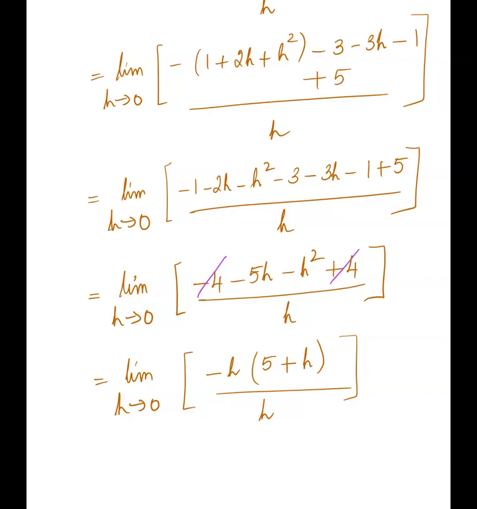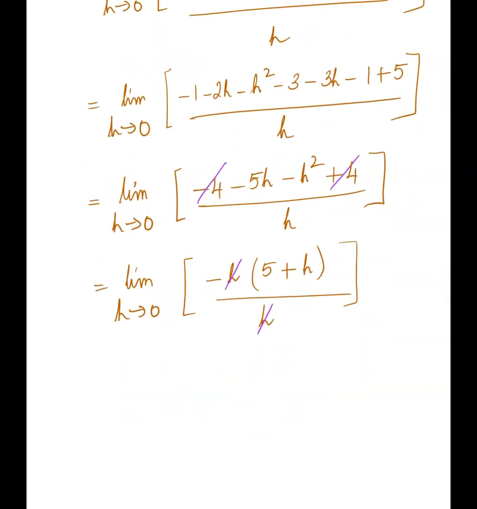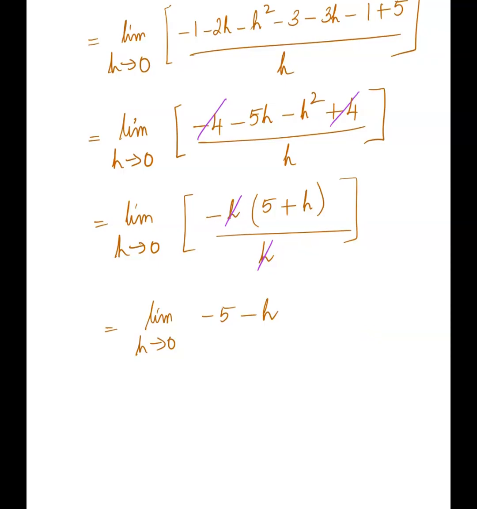And then the h's cancel off as expected again. So we have limit h approaches 0, -5 minus h. It seems like we didn't have to pull out the negative, but that's fine. I distributed the minus back inside. And now when we substitute for h as 0, I have -5 minus 0, which is -5.